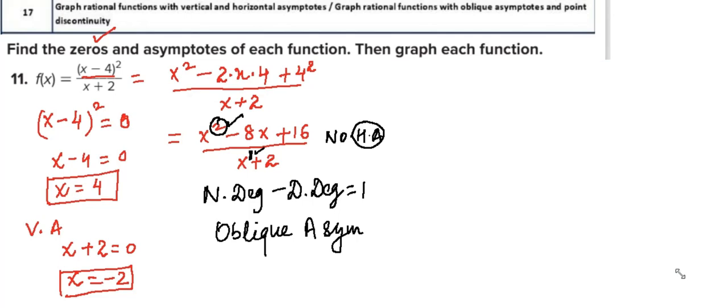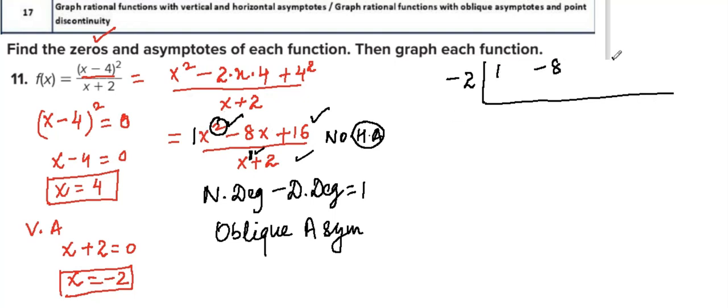For the oblique asymptote, just divide them using synthetic division. For the denominator we are getting the value of x as minus 2, and here you write 1, minus 8 and 16.